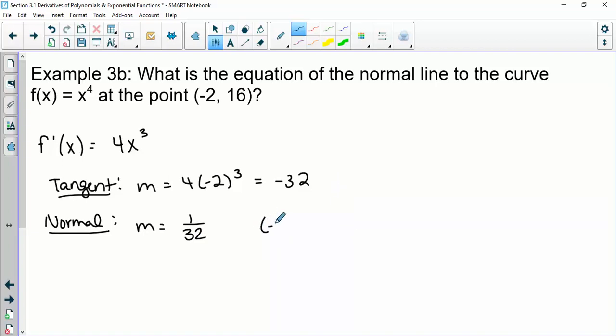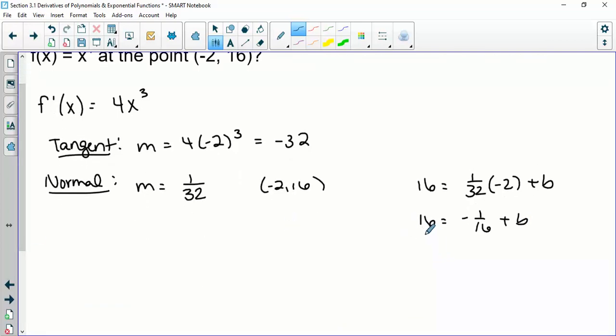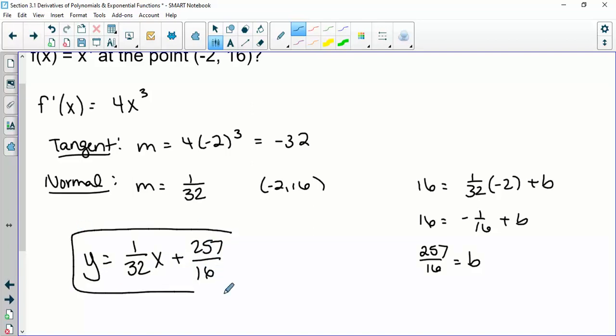And then we know our point is (-2, 16). y equals m times x plus b. 16 over 1, so that would be 256 over 16 plus 1. So the final equation of that normal line is y equals 1/32 x plus 257/16.